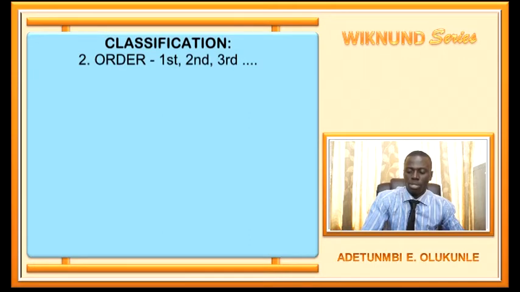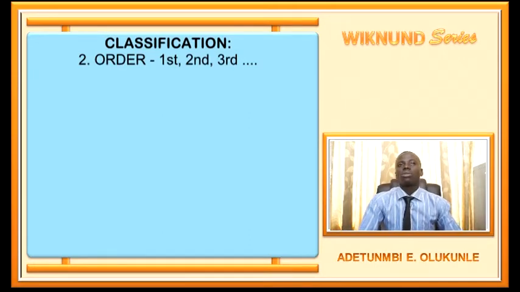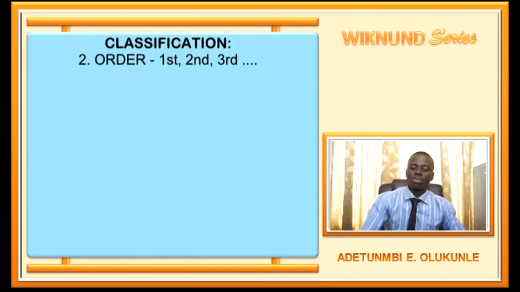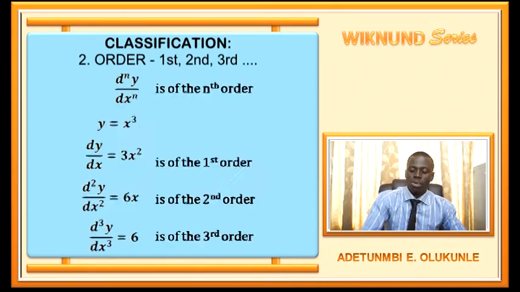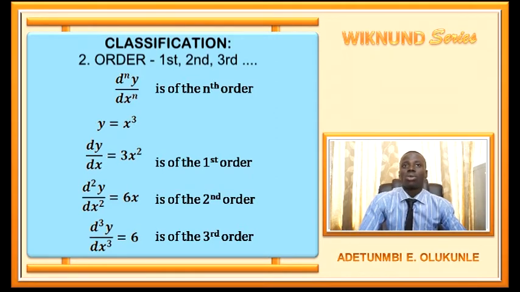So what is the order of a differential equation? If you have d^n y/dx^n as the highest order you have in the differential equation, then you say that differential equation is of the nth order. If I'm given y equals x cubed, dy/dx equals what? 3x squared.